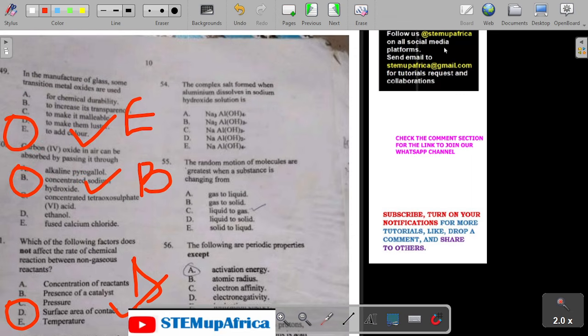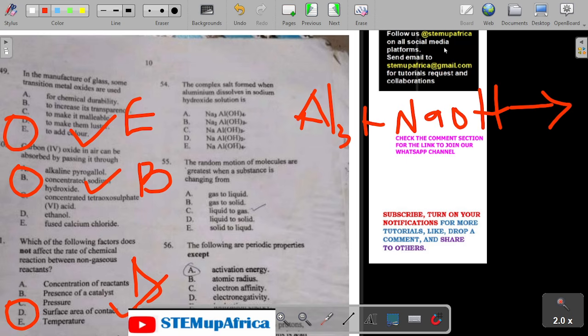Number 54. It said the complex salt formed when aluminum is dissolved in sodium hydroxide. We have aluminum plus sodium hydroxide. What will it give to you? So aluminum is positive, hydroxide is negative.